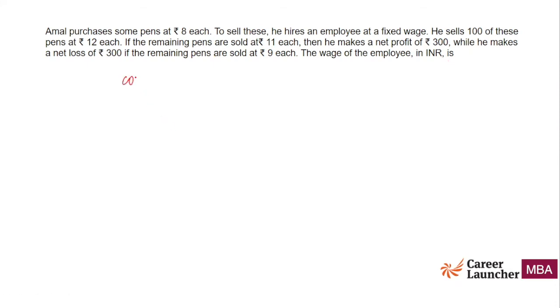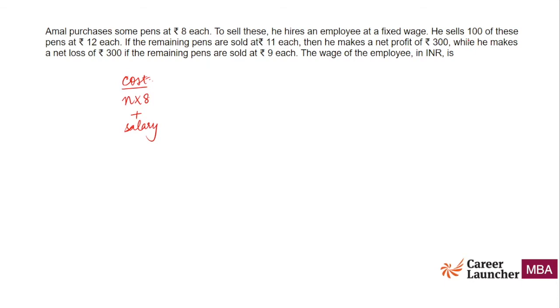So if we talk about the cost that Amal will have to bear, suppose he purchases some pens, let's say the pens total are n, and he has to pay 8 rupees for each, plus the salary of the employee, the wage.